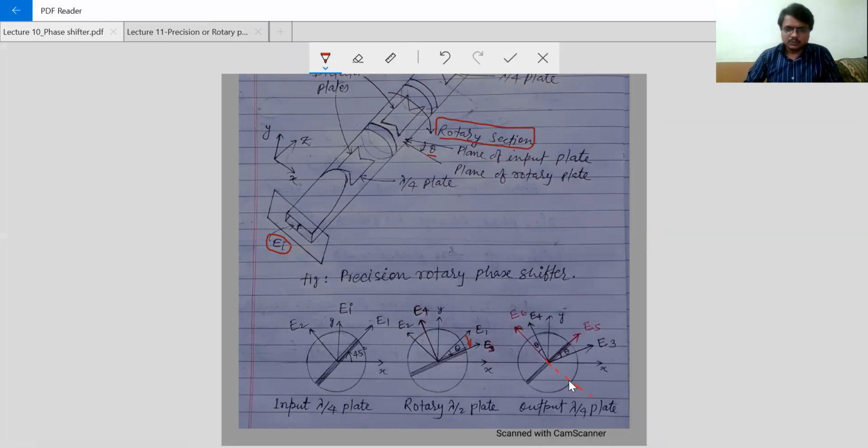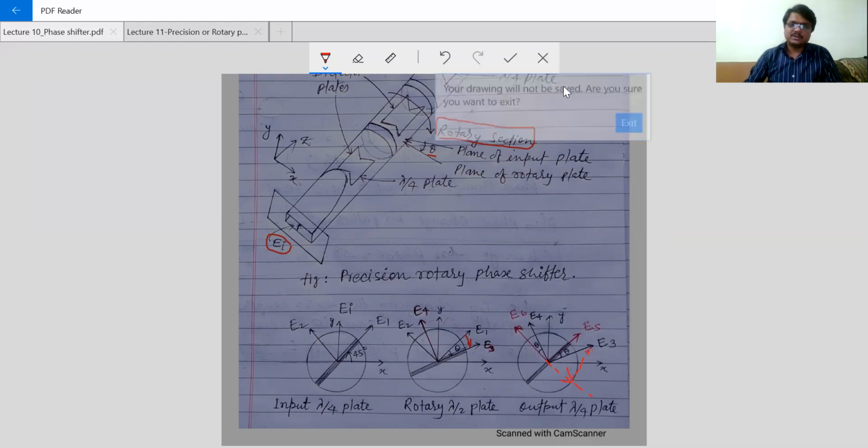This is theta, so the sine component. E3 sin theta, but it is in the opposite direction of E6. So E6 will be E4 cos theta minus E3 sin theta, or minus E3 sin theta plus E4 cos theta.